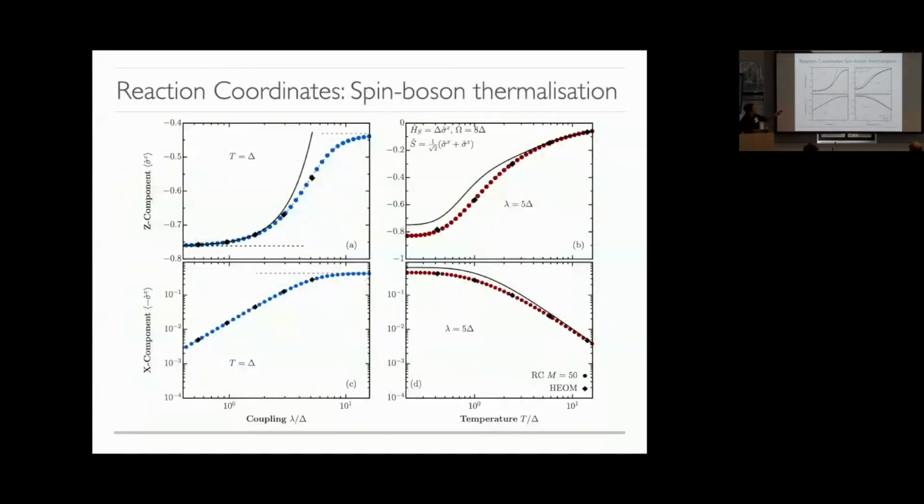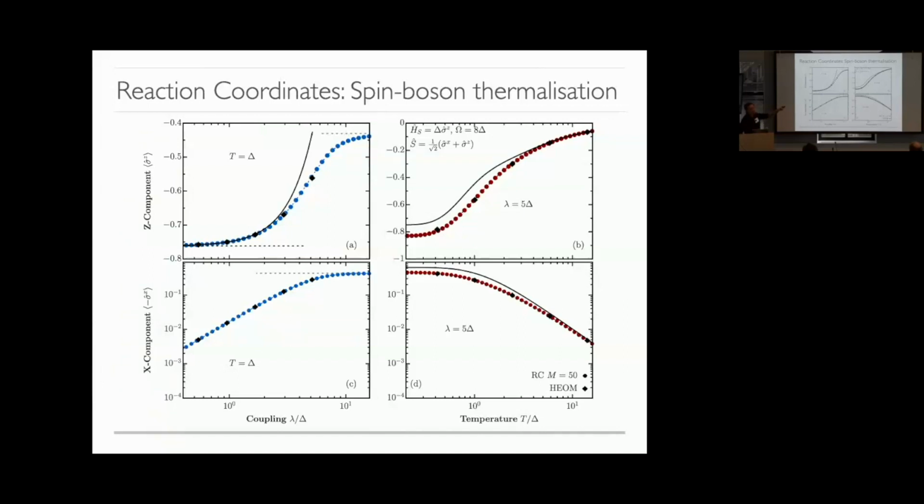The blue dots are the equilibrium value of sigma Z as a function of the coupling strength at a given value of the temperature. These diamonds here are results obtained from hierarchical equations of motion. This value here is the weak coupling limit approximation. This is the ultra strong coupling limit, which you can obtain if you're familiar with the works of Jan and Anders, for instance.